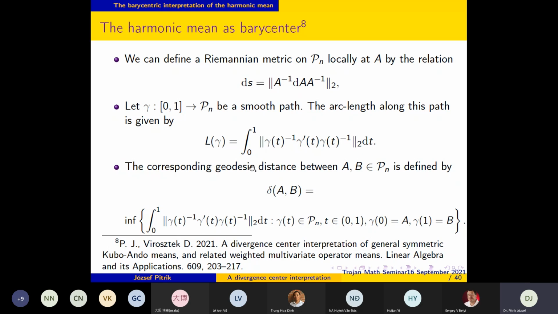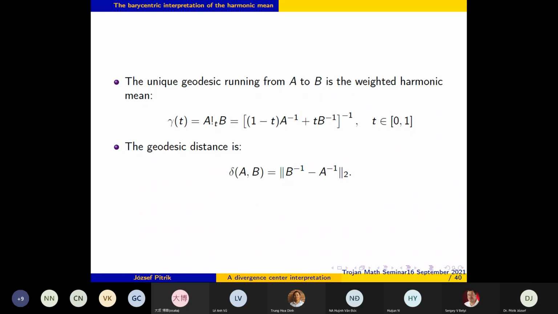And we can define the corresponding geodesic distance as the infimum of this quantity, where we vary the paths gamma joining A and B. One can check that in this case, the unique geodesic curve running from A to B is nothing else than the weighted harmonic mean.